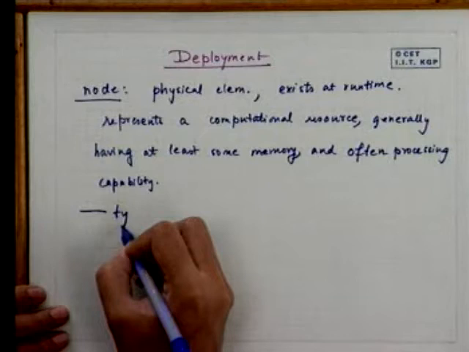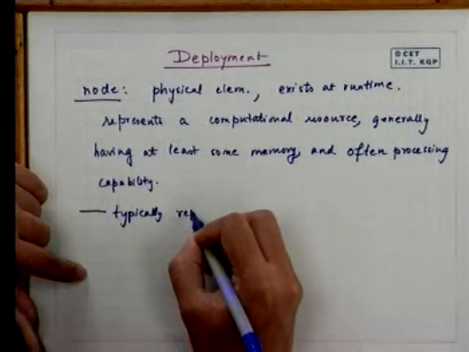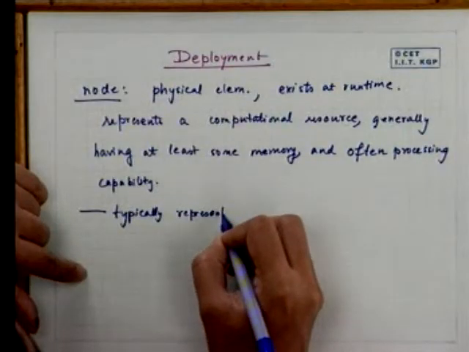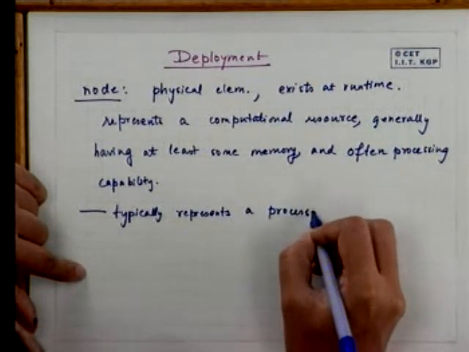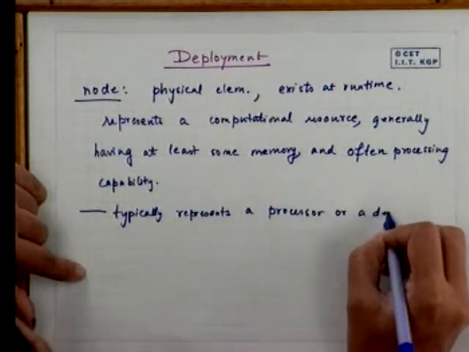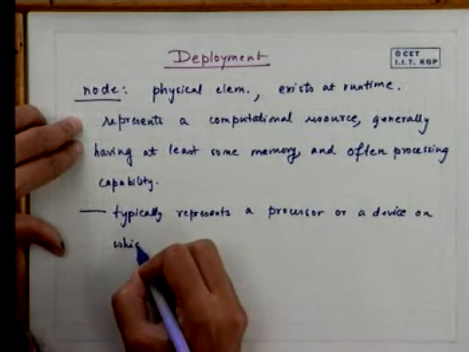So you use nodes to model the topology of the hardware on which the system resides, and a node typically represents a processor or a device on which components are deployed.